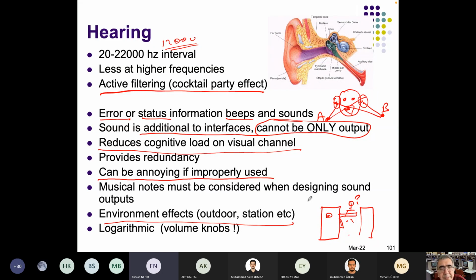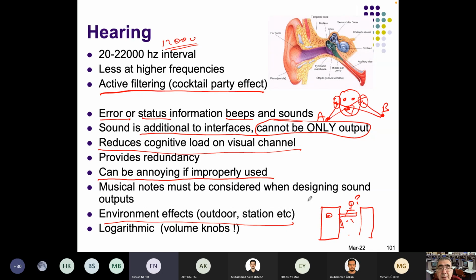Therefore, decibel, which is logarithmic, is used. So when you are increasing decibels one by one, perception has similar linear changes if the change is logarithmic.